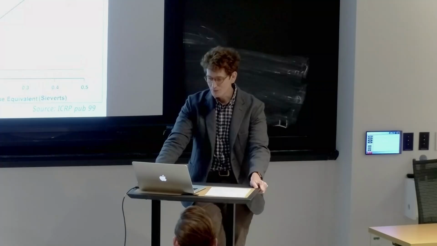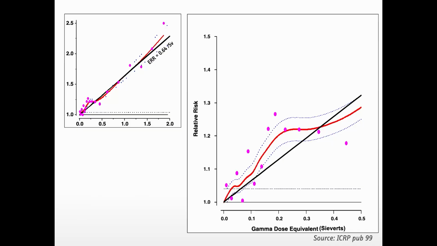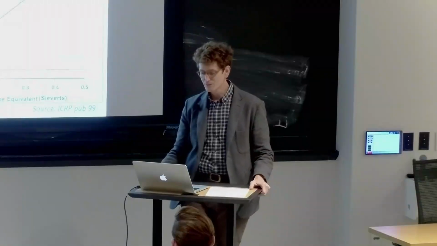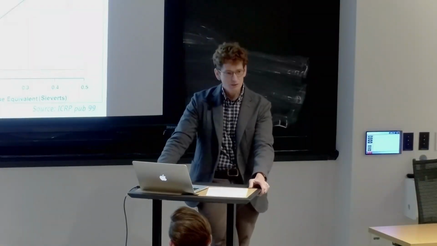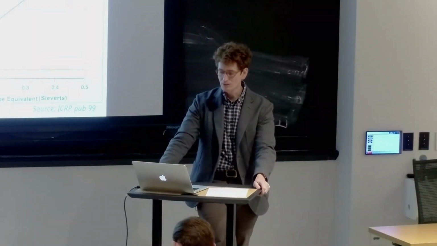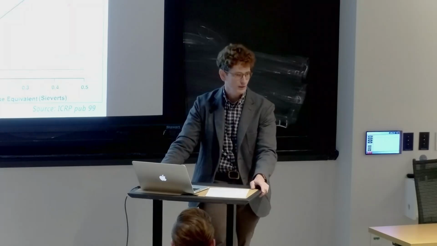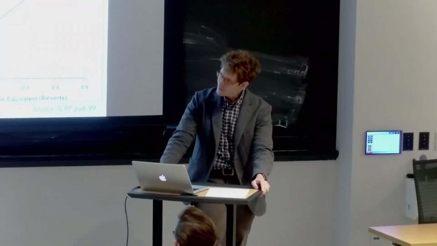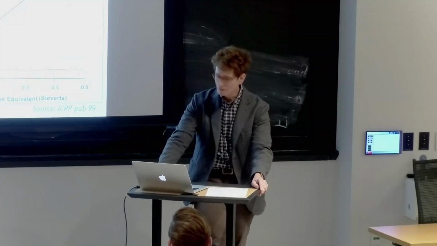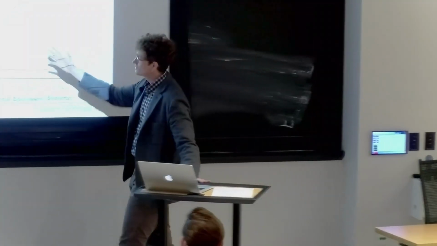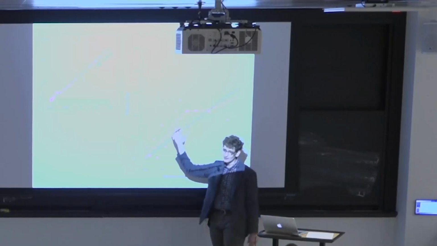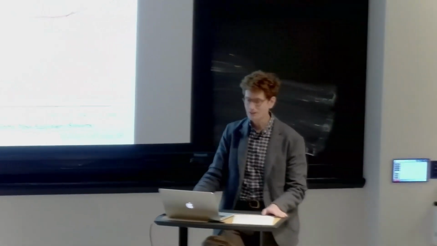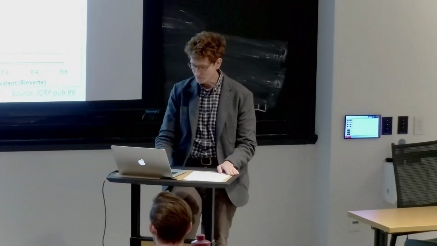So most of these people are really in the low dose regime. To put that into perspective, 100 millisieverts is about the same amount of dose a radiation worker in the United States would be allowed to receive over a 20-year career, right? So it's not that much radiation. So we do have 64,000 observations in here, and it still doesn't support anything other than the linear no threshold.